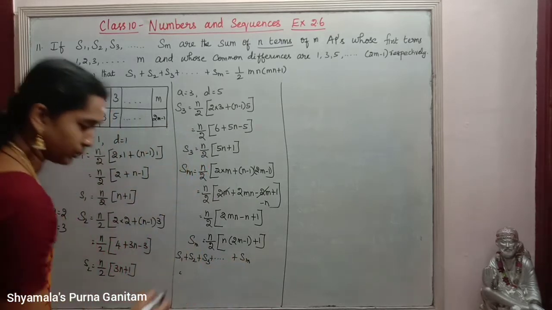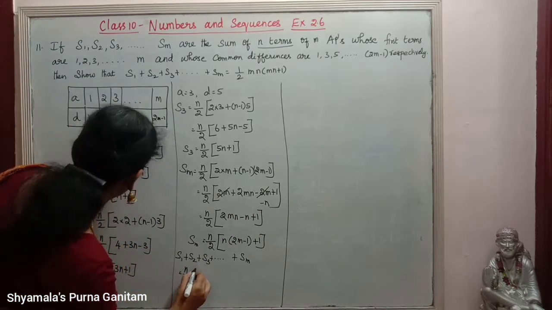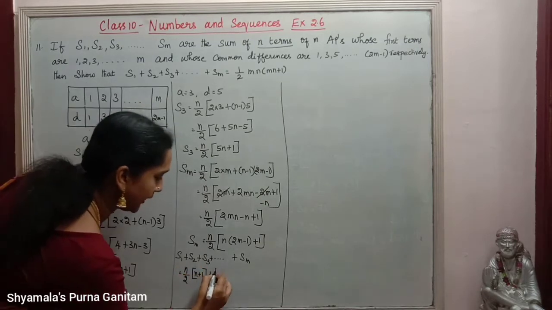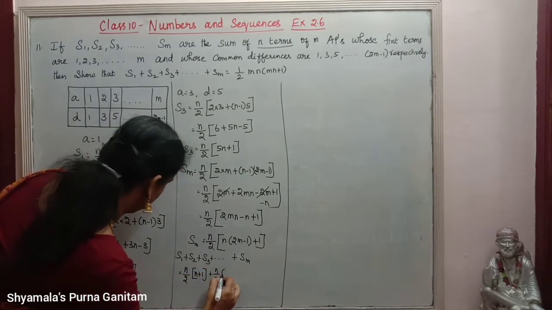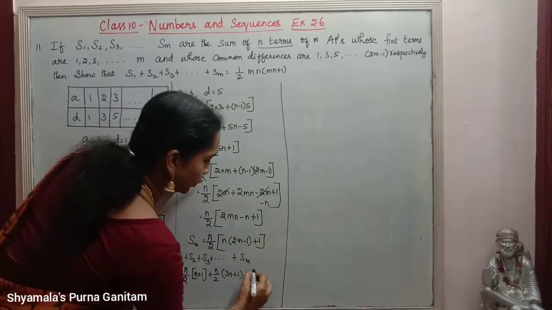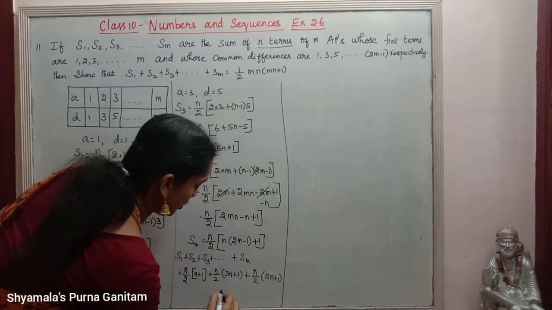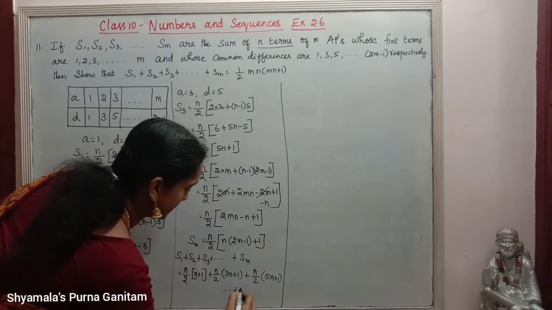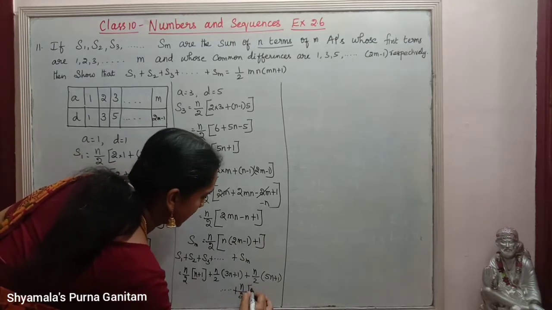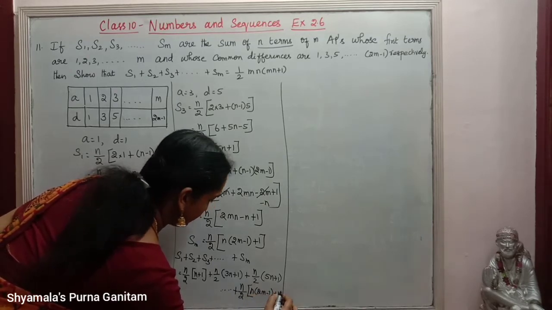What are all the terms we are getting here? n by 2 into n plus 1, plus n by 2 into 3n plus 1, plus n by 2 into 5n plus 1, and the last we are getting Sm, n by 2 into n into 2m minus 1 plus 1.